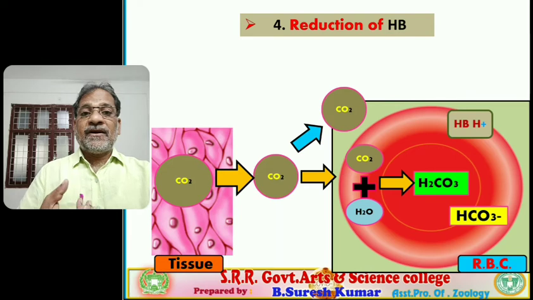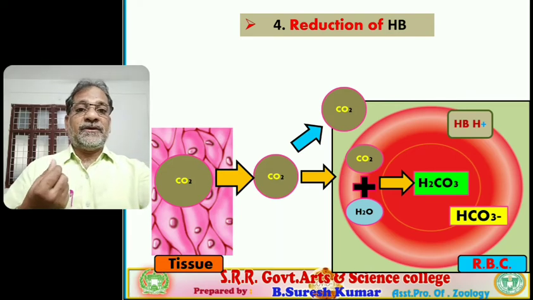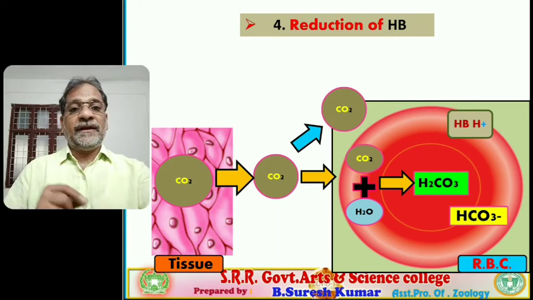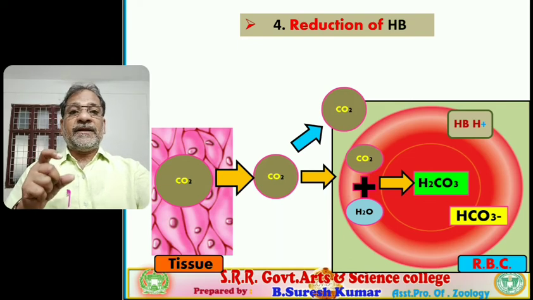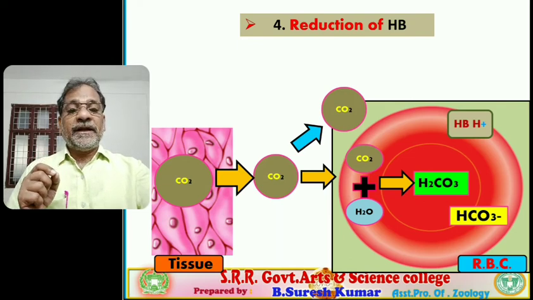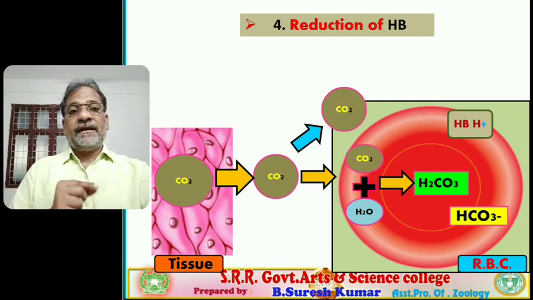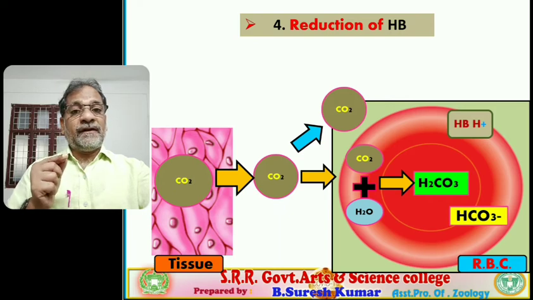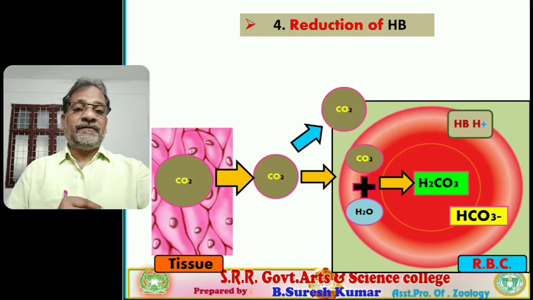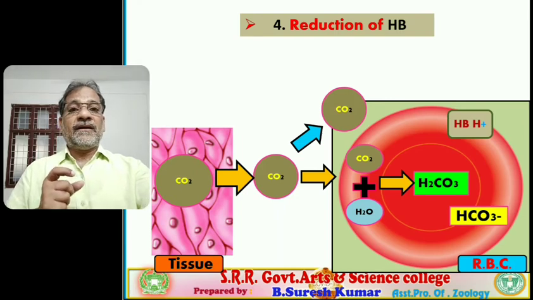Besides that, it also picks up carbon dioxide to form carbaminohemoglobin. So remember, at a tissue, hemoglobin picks up both carbon dioxide and H plus ion. This is very important: reduction of hemoglobin is responsible for delivery of oxygen to the tissue. Reason-based questions on this are asked in entrance examinations.